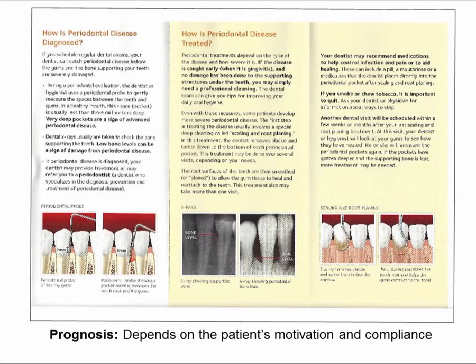This is the inside of that scaling and root planing brochure from the American Dental Association. And it's very helpful for patients because it kind of just breaks down the diagnosis and the treatment. So starting with the image to the left, you can see that we have the little instrument going next to the sides of the teeth. The numbers 1, 2, and 3, so 1 to 3 millimeters, usually indicates health in a patient.